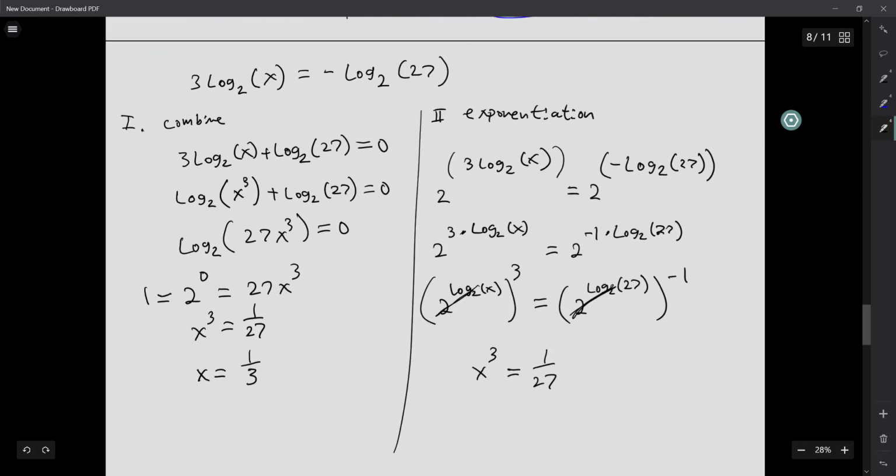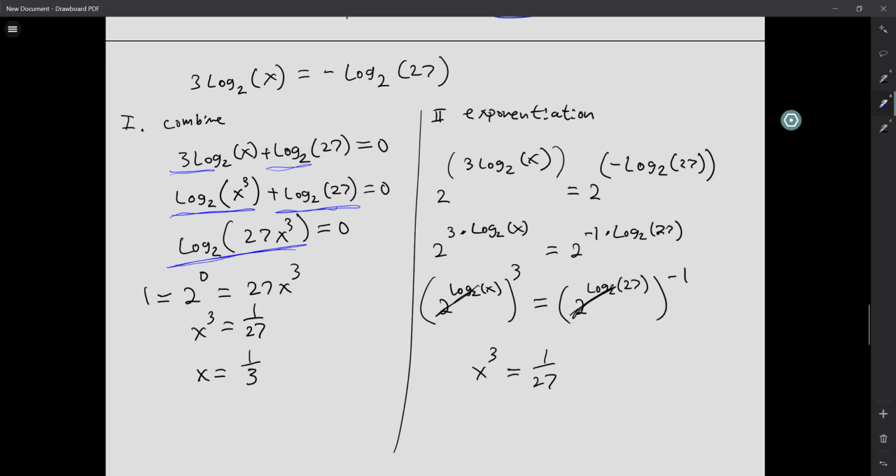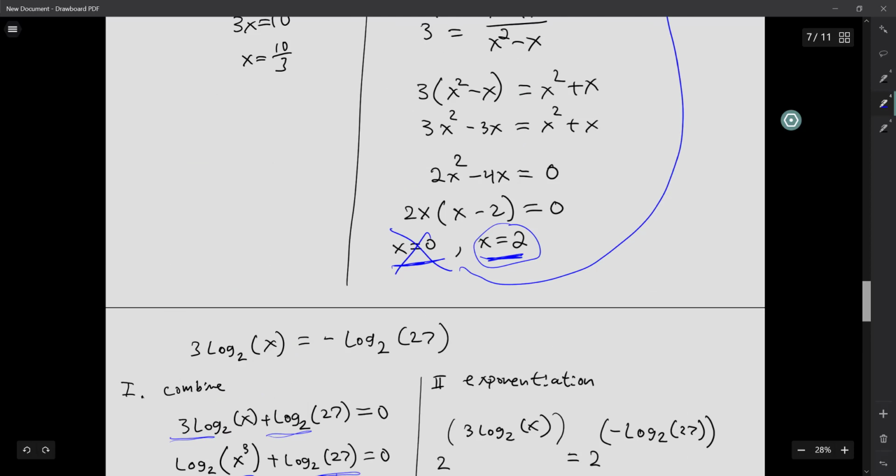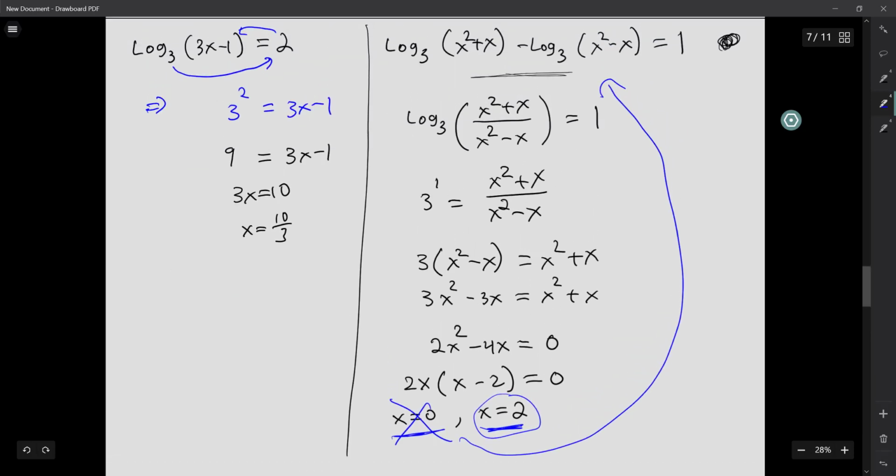But I should point out, like we saw for the third one, when we have coefficients on our logs, we can't combine them immediately. So we have to bring the coefficients inside to make sure we've got plain logs before we try to combine them using the log properties, because the log properties are only stated for plain logarithms with no coefficients. So be careful when you're solving with these. And again, check your answers to make sure that they're going to be legal answers when you plug them in.